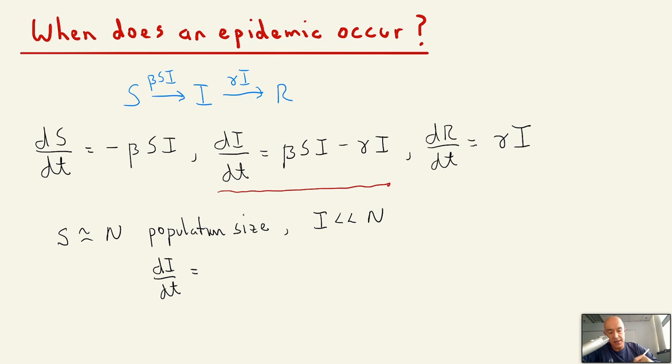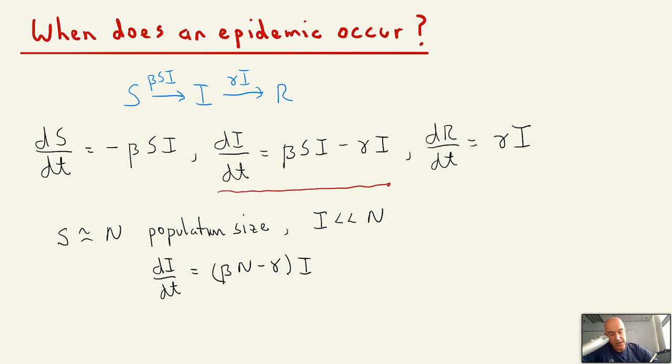So dI/dt then becomes (beta N minus gamma) times I. Okay? This should be a very familiar differential equation for you. This has a solution as an exponential function.